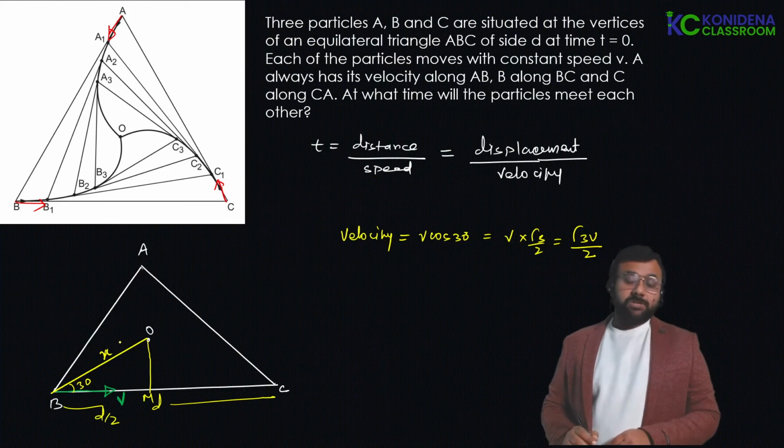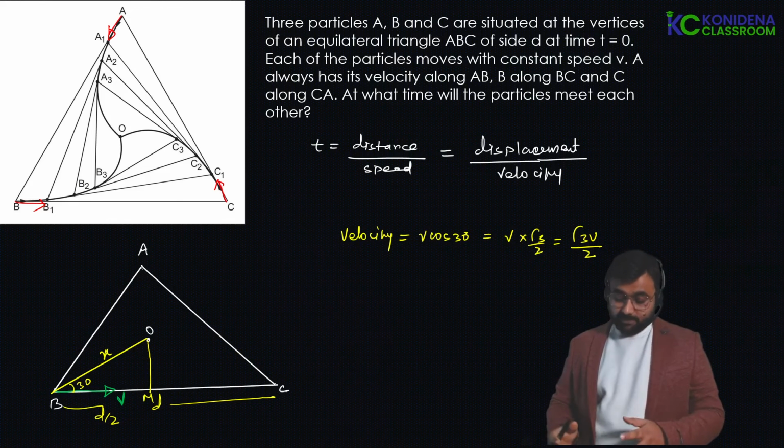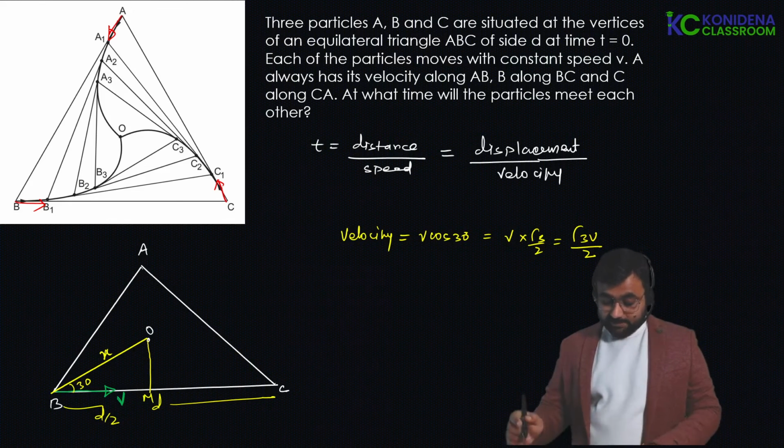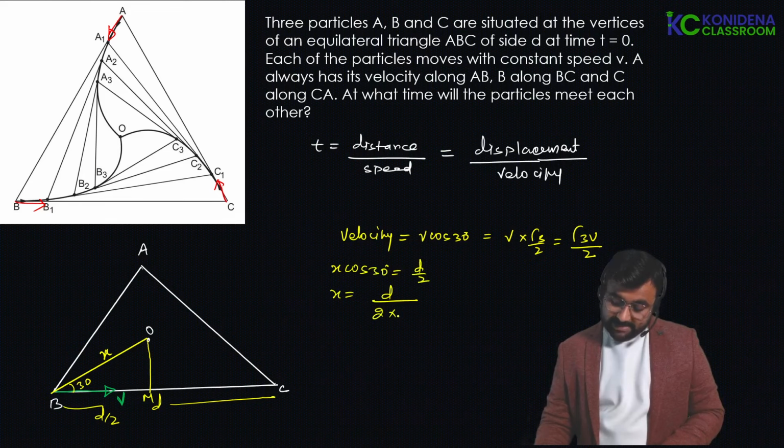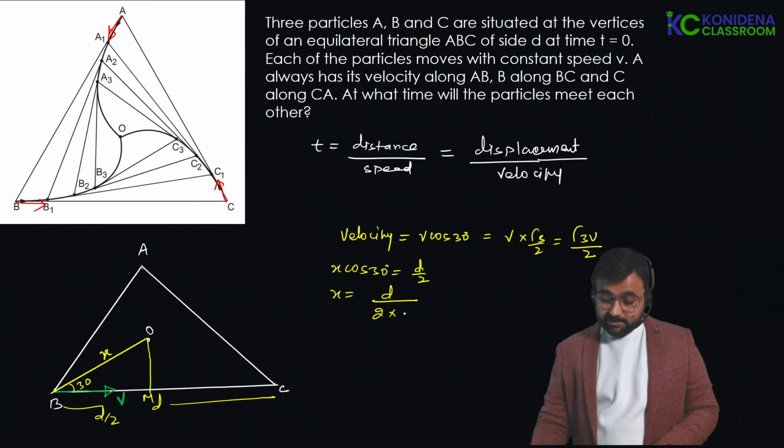So X cos of 30 degrees is going to be D by 2. From there we can easily find the X value. That means X is equal to D by 2 times cos 30. Cos 30 means root 3 by 2. The 2 cancels out, and the displacement, which is X, that we got is D by root 3.